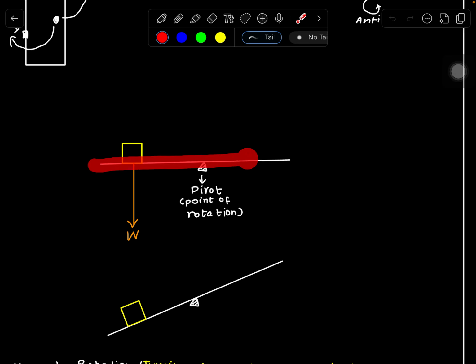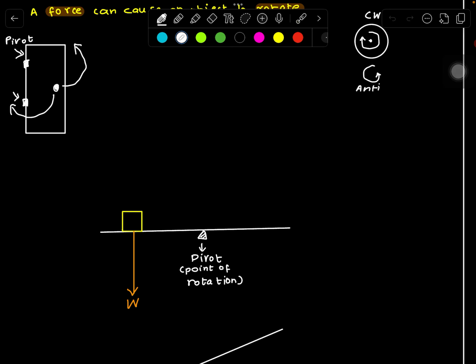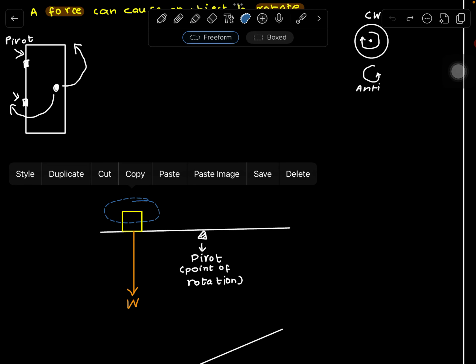Now let's move on to some formal terminologies and what causes this rotation. So if you have a surface like a table, not a table, let's say you have a ruler, and you place it on your hand and you're trying to balance that ruler on your hand.